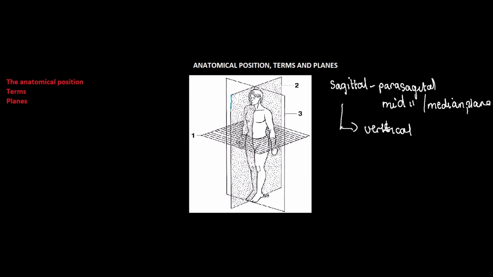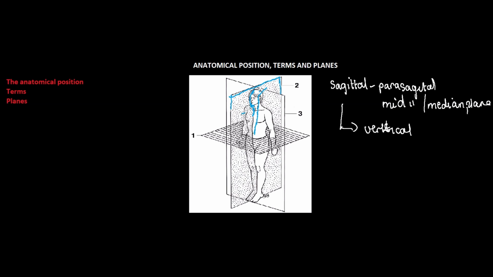The mid-sagittal plane is this, dividing the body into equal left and right. This is the mid-sagittal plane and how it divides the body. Now, the parasagittal plane could be around here, dividing the body into unequal left and right halves.